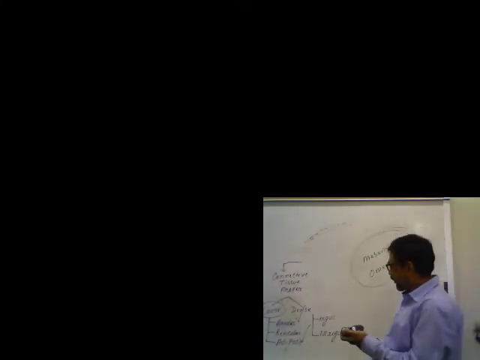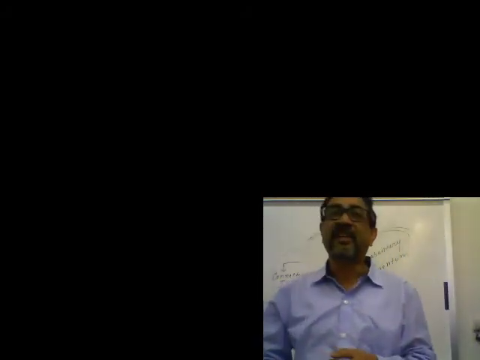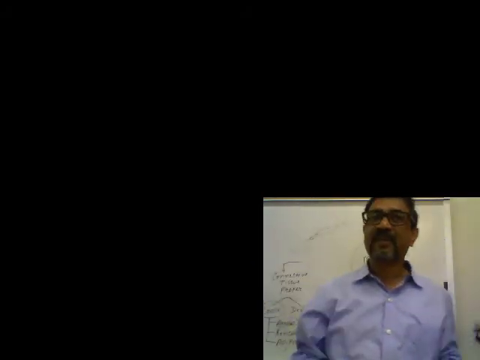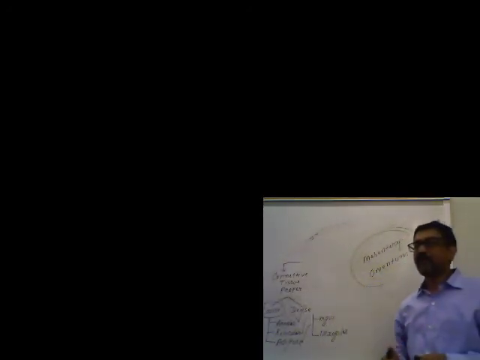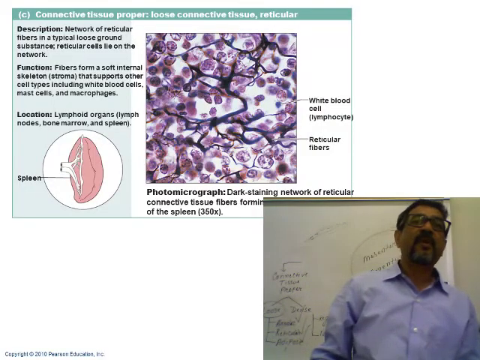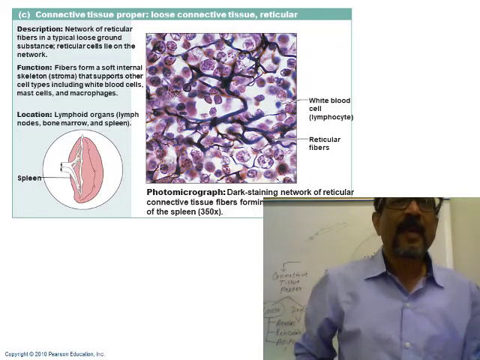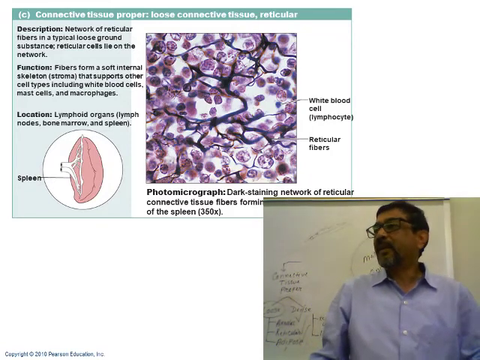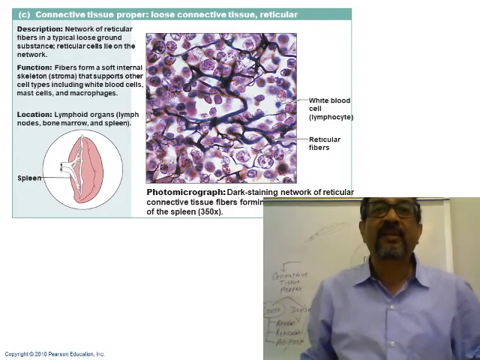So now reticular. In reticular, you will see reticular fibers branching. You see these dark fibers, they branch. And where will you find the reticular connective tissue? Lymph organs. What are the lymph organs? You can write it down. Lymph nodes, right?